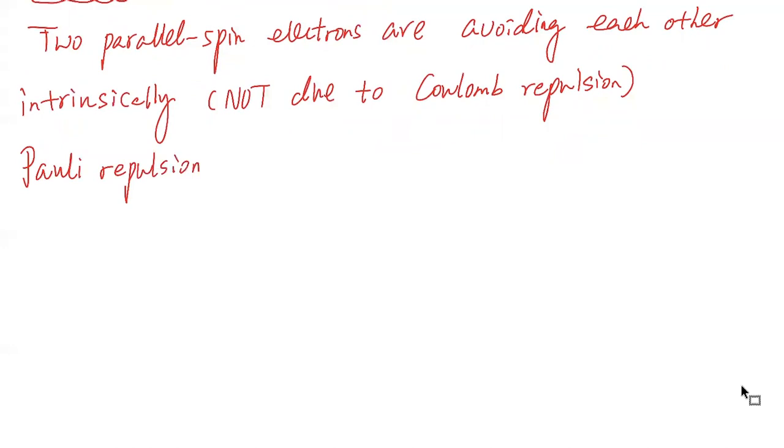This kind of correlation is called Fermi correlation. You are still considering independent electrons. They do not interact. Okay? They do not interact. You ignore the Coulomb repulsion. However, their motions are still correlated. This is called Fermi correlation.